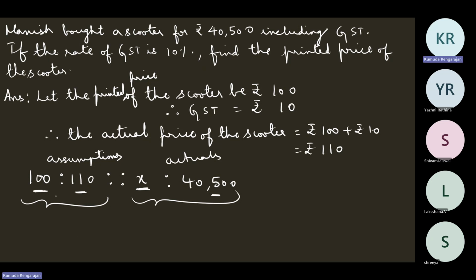If we assume the cost of the scooter is 100 without tax, then with the tax, it is 110. If really the cost of the scooter with the tax is 4,500, then what is the cost of the scooter without tax actually? These are the actuals.